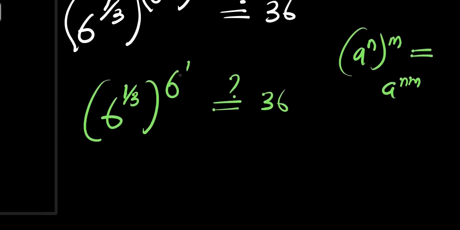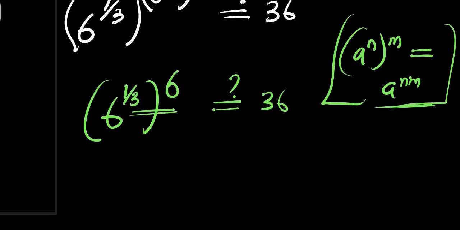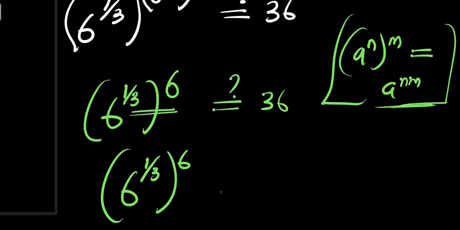Now, we have only 6 power 1, which is the same thing as 6, so we can as well eliminate the 1 because 6 power 1 is the same thing as 6. We apply the same identity right here. So we are going to have 6 power 1 over 3 to the power of 6, which is the same thing as 6 power 6 over 3.